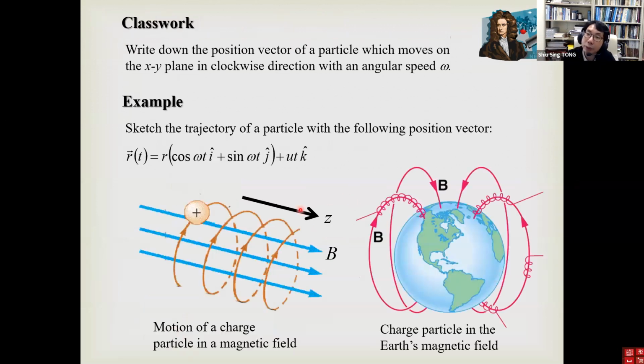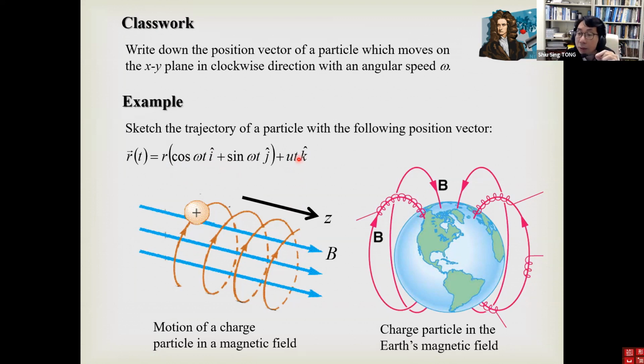Now let's go 3-dimension. Going 3-dimension is not that difficult. You can just add the k vector. Now this is a circular motion that we have just derived. We confine ourselves to the circular motion in the xy plane, right? The particle is moving in uniform circular motion around the origin on the xy plane.